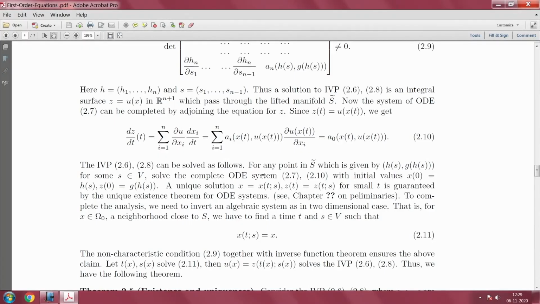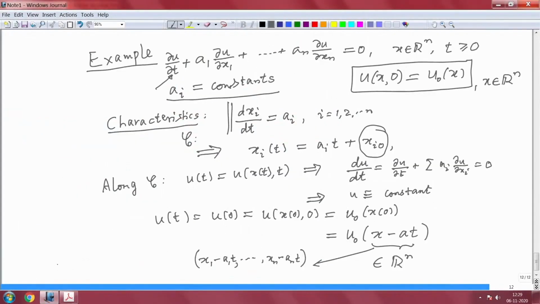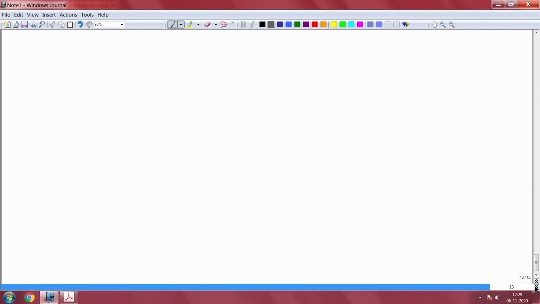Okay. So, let me just explain this procedure for the Cauchy linear case using some examples. Examples are always better. So, Cauchy linear case.